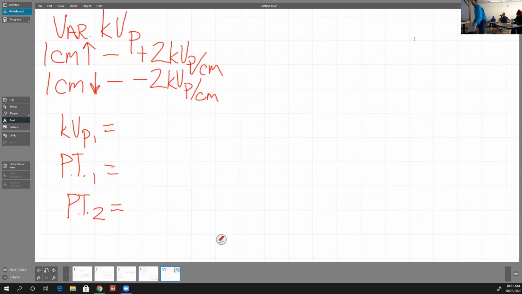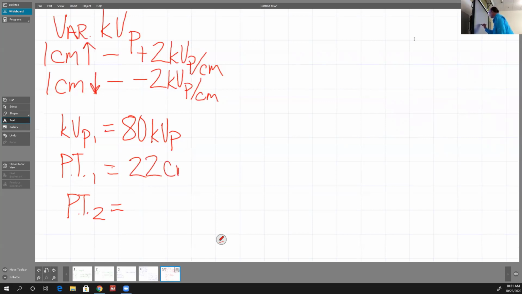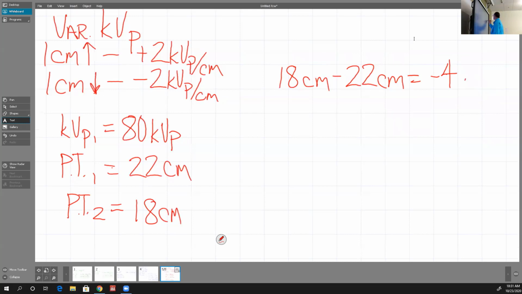Okay, so I don't have one written down here, so let's say we start off with 80 kVp, and we have a part thickness of 22 cm. And then we end up with 18 cm for part thickness 2. We're going to take 18 centimeters minus 22 centimeters. We're going to end up with a negative 4 cm.